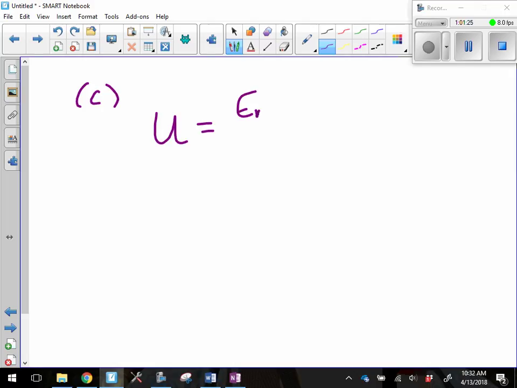So I want that to be half of Emec. And my Emec is still 1/2 k xm squared. I'm going to divide that by 2. And how do I find the potential energy?